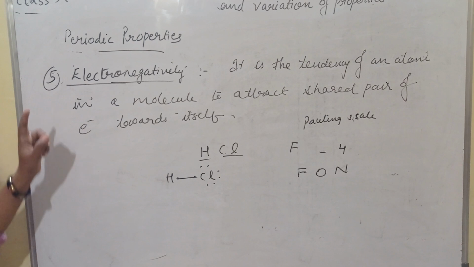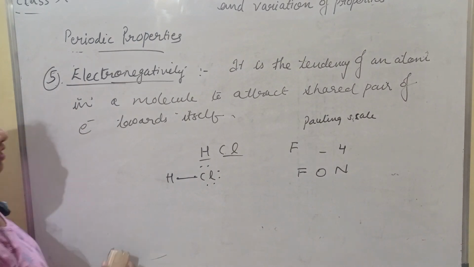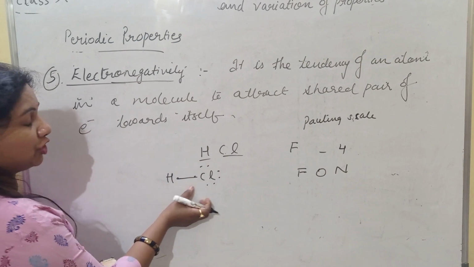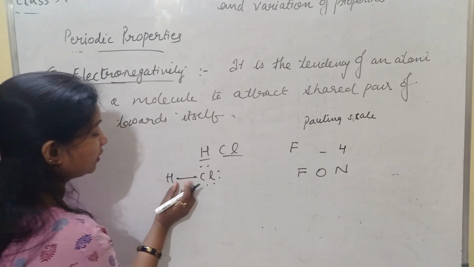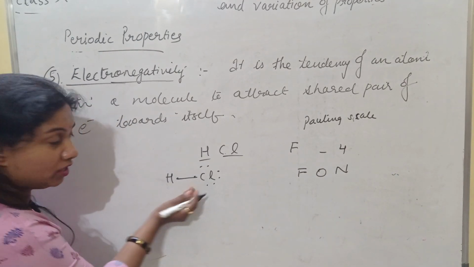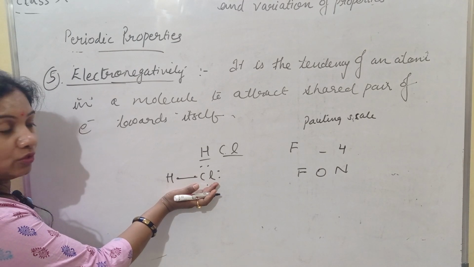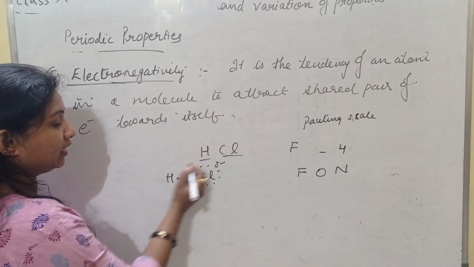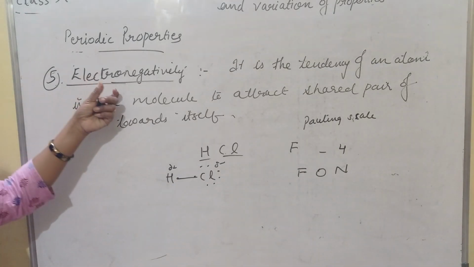So I think electronegativity is clear to you. अभी इतना ही आपको समझना है कि it is the tendency of an atom to attract the shared pair of electron. अब यहाँ पे chlorine being more electronegative than hydrogen, what will happen? These two electrons in this bond will be attracted a little bit more towards chlorine. So as a result, this chlorine will get a negative charge and hydrogen will get a positive charge.